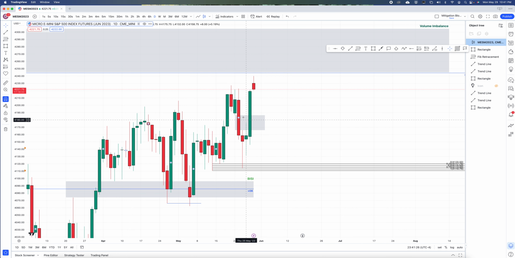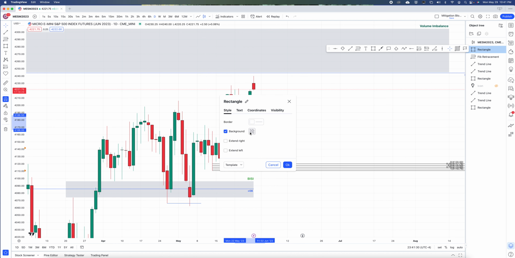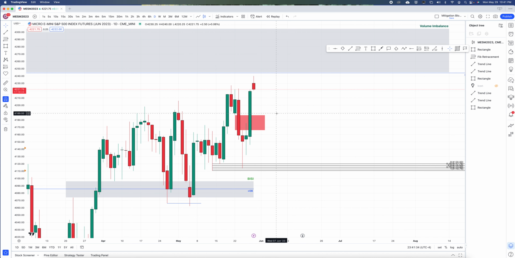Oops. We're going to make this red. So that's going to be a SIBI, a sell side imbalance, buy side inefficiency. So this, to me, is balanced on both sides.